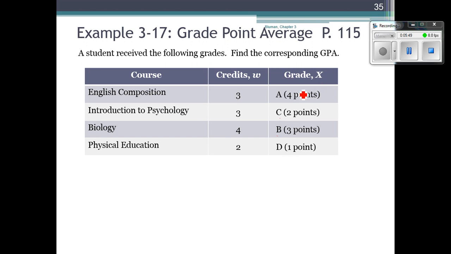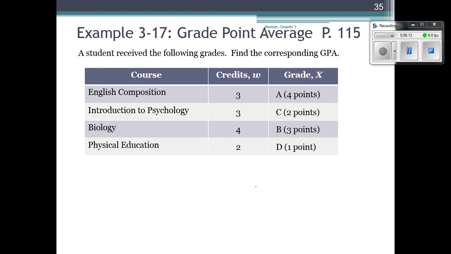These are considered your points. These are your X values, and these are your weights. And that's because biology is weighed a little bit higher because you meet more often, or whatever the reason. It's worth 4 credits and therefore carries a weight of 4.